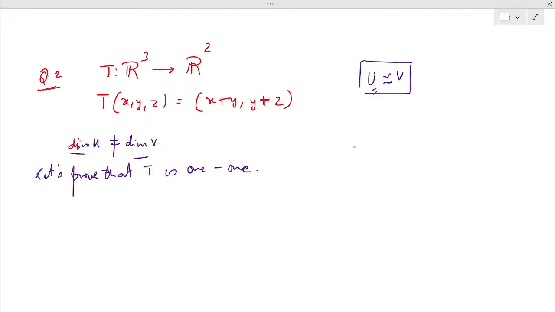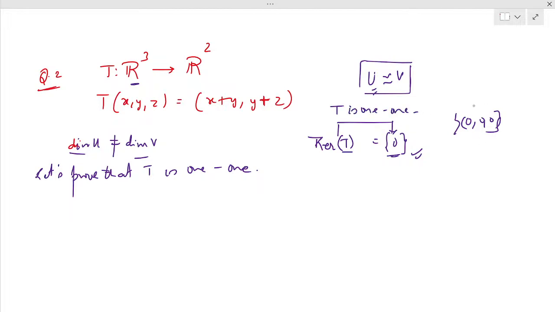If you just prove this, this is going to do every problem. Okay, so I told you that if T is 1, 1, then the kernel of T will only contain the null element. So here the null element is 0, 0, 0. If T is 1, 1, then the kernel can contain only 0, isn't it? It cannot contain another element.